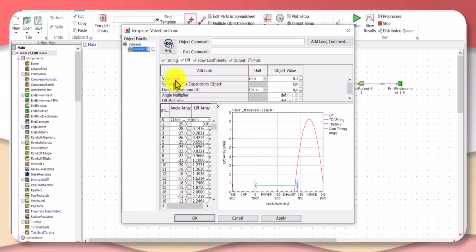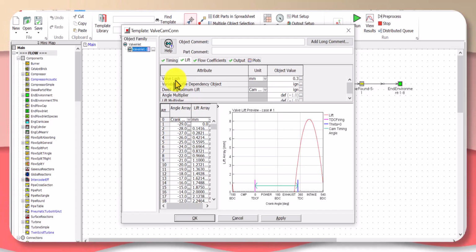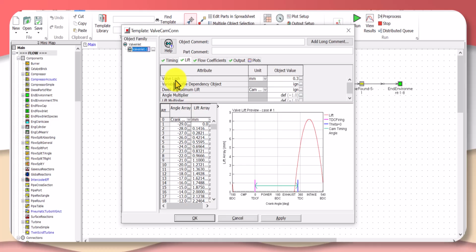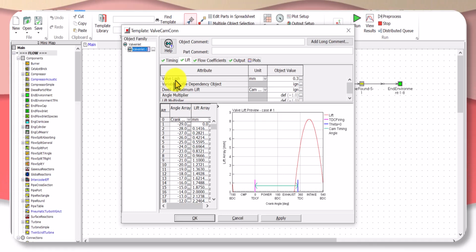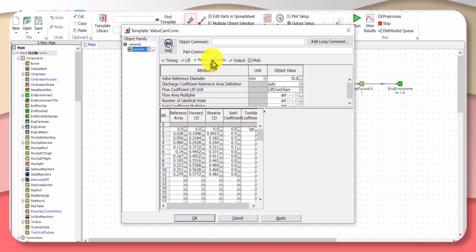If the lash is too small, the valve may not close properly, causing a loss of pressure or other issues. If the lash is too large, it can decrease engine efficiency and increase noise, potentially shortening the lifespan of components. That was about valve lash.